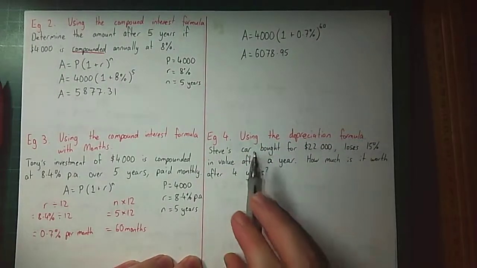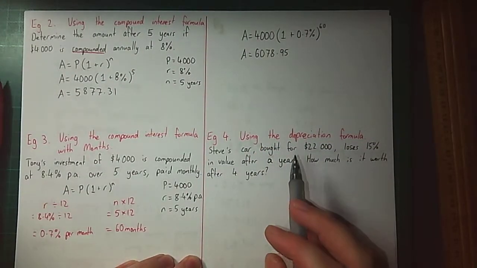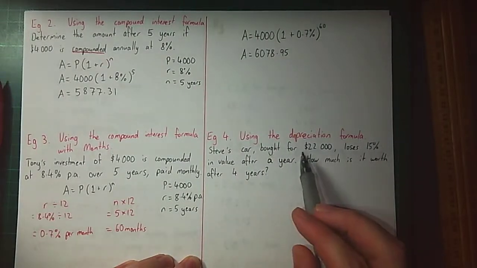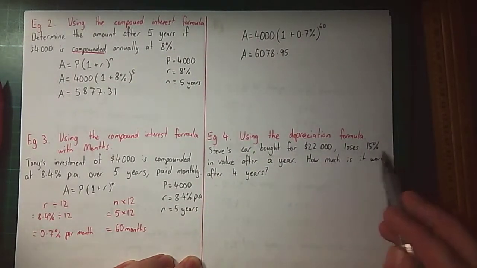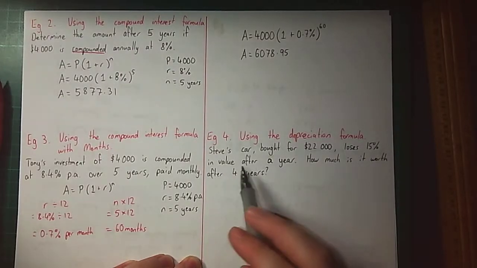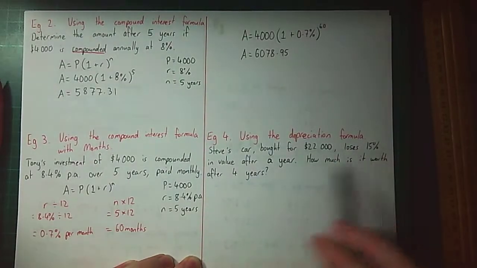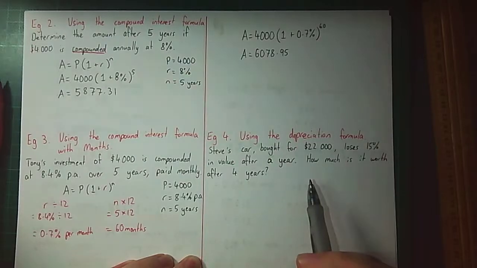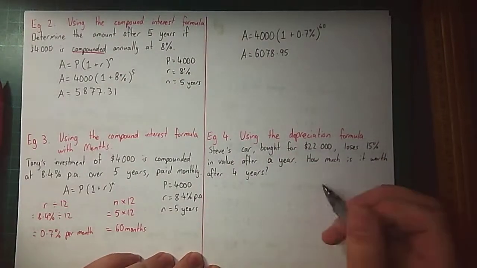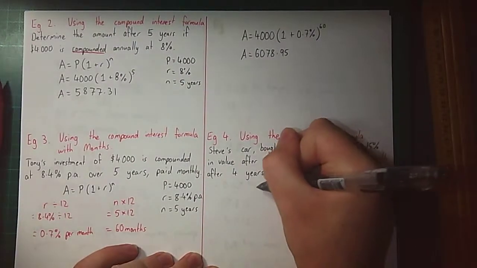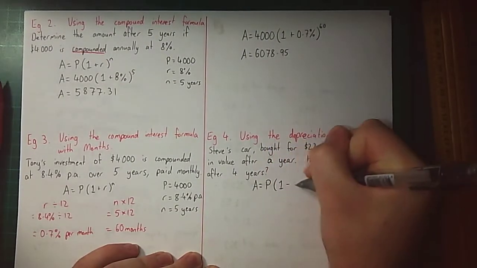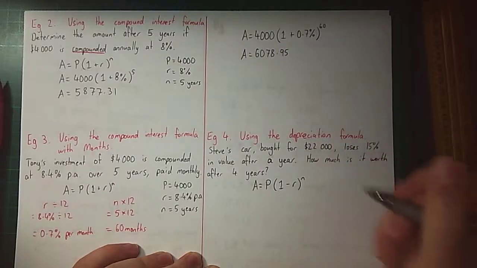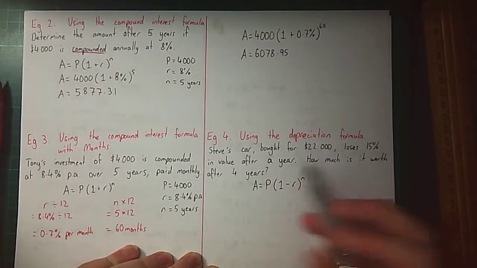Our final example, we're going to look at depreciation. So here, Steve's car, which was bought for $22,000, loses 15% in value after a year. How much is it worth after 4 years? So I'm going to rewrite the formula just to get some practice. We've got A is equal to P inside of 1 minus R to the power of N. Remember, it's minus because it's depreciation.